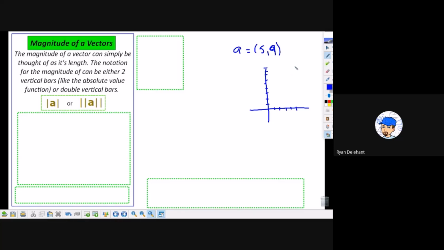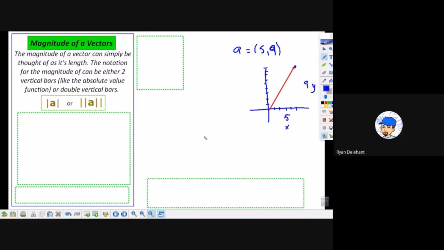It comes out to 5 and then up 9, and we end up with our vector starting at 0, 0. That one points in that direction. What we've been playing with so far are the two parts that make up where this vector actually goes, the x component and the y component that make up this angled line.